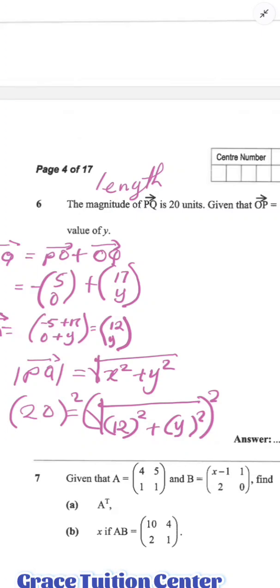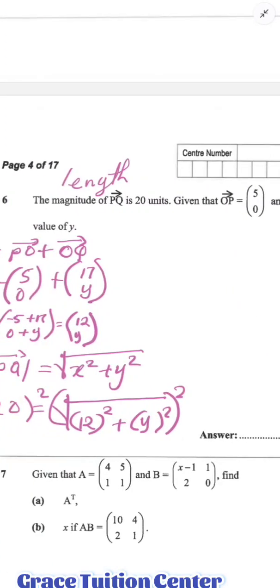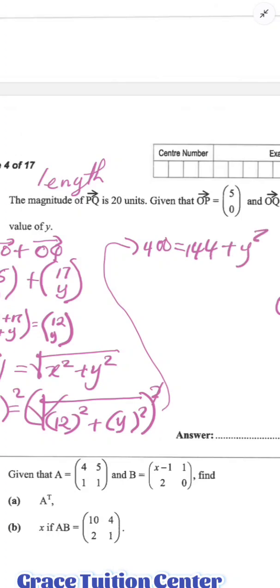Here on the other side we are going to have 20 squared, which is 400, equal to, this root will cancel with the 2, so 12 squared is 144 plus y squared.